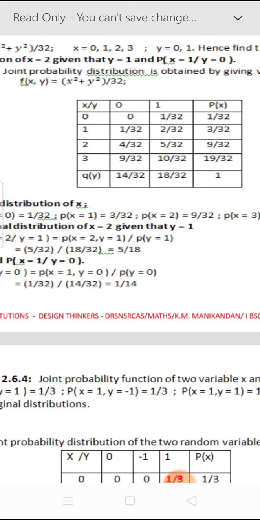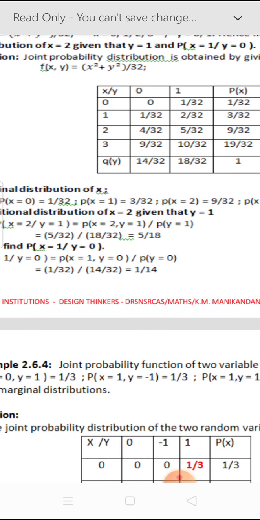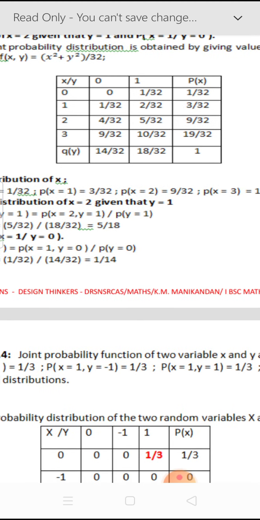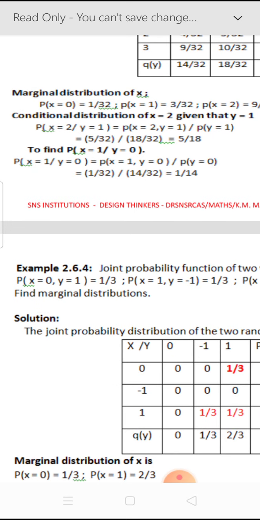We can see that probability of x equal to 2 comma y equal to 1 is 5 by 32. And the marginal probability of y equal to 1 is 14 by 32. So dividing these values, 5 by 32 and 14 by 32, we will get 5 by 14 as the answer.